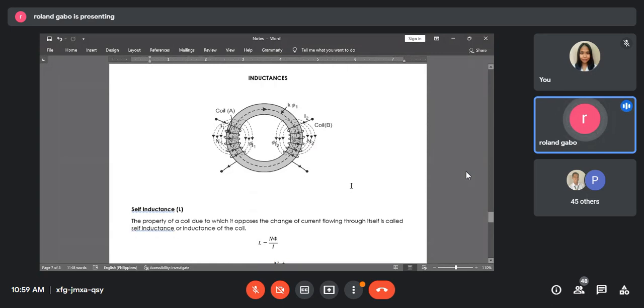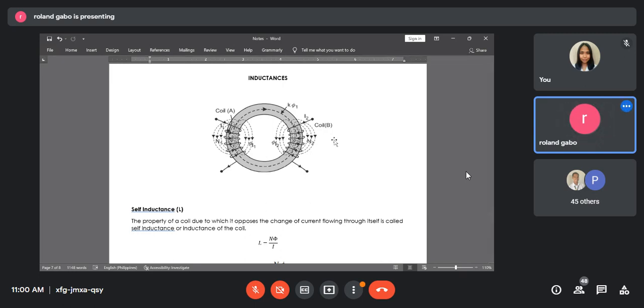So for example, this is a toroid core, and then naay duha ka coil, A and coil B. Of course, ang current as a source is ang coil A, nga naay current ni flow I sub 1, then na may ma-induce nga voltahe sa pikas side nga coil which is coil B. So ang current ni flow is I sub 2.